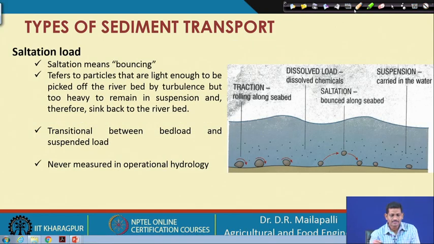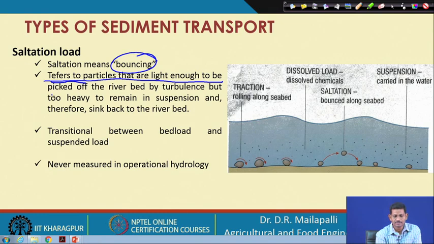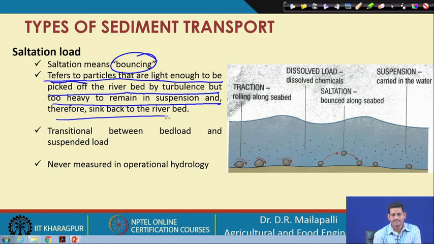So then saltation load. So the saltation means the bouncing, as I mentioned before. So it basically refers to particles that are light enough to be picked off the river bed by turbulence, but too heavy to remain in suspension and therefore sink back to the river bed. So what happens? The turbulence is causing lift, but the particle is too heavy to lift fully.